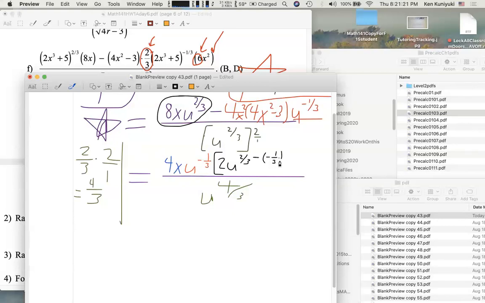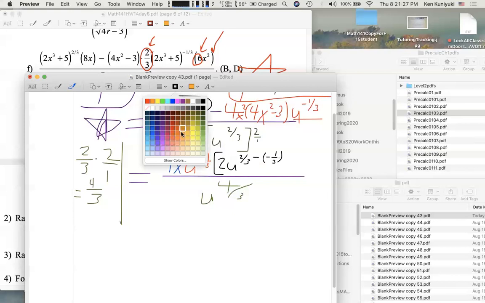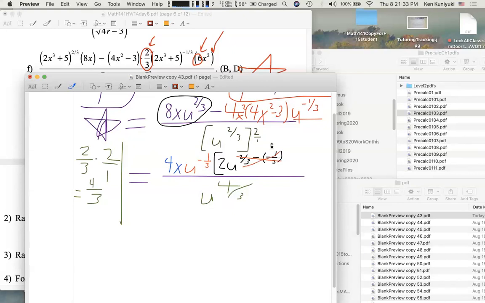I normally don't like to micromanage, but I'll make an exception here. What's 2/3 plus 1/3? That is 1. So even though I normally don't like students doing this here, make that a 1. That may be an improvement. But don't do your side work in the actual work. Here I'll make an exception. We get 2u to the first.